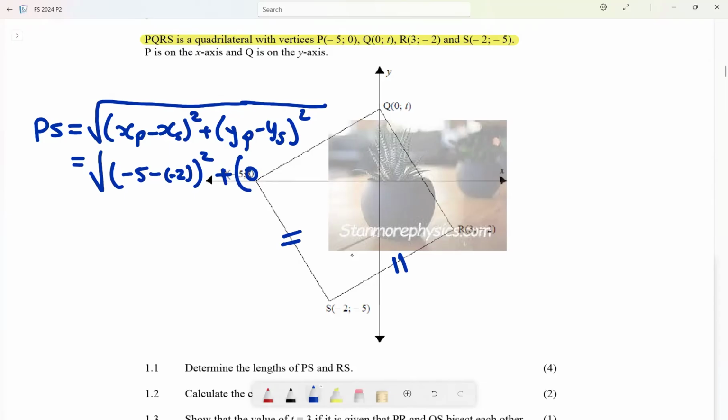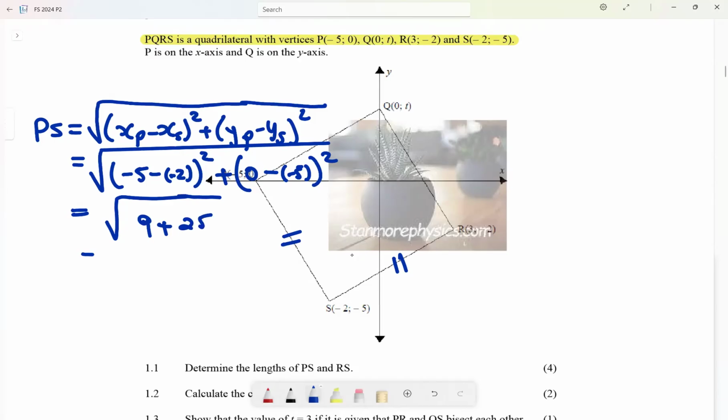Y of P is 0 minus 5, squared. Then I get the square root of -5 plus 2, which is -3. -3 squared is 9. Plus 5 squared, which is 25. Then the square root of 36, which is 6.